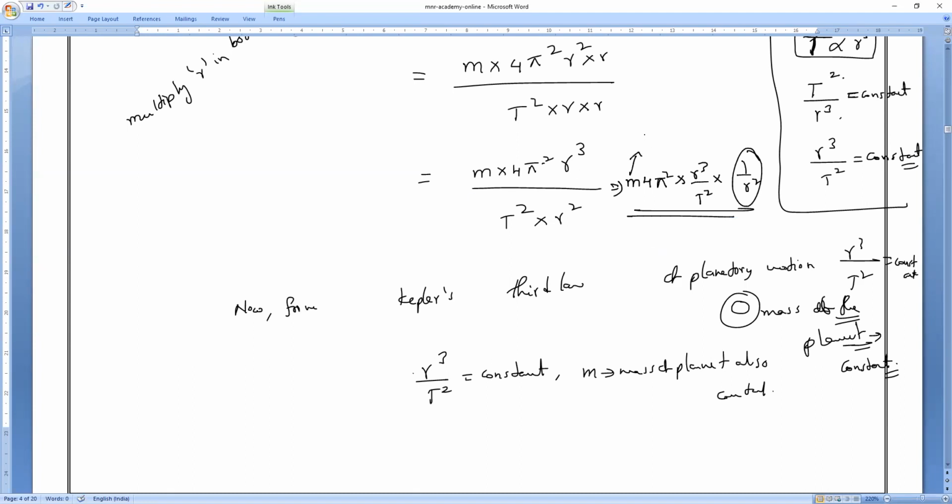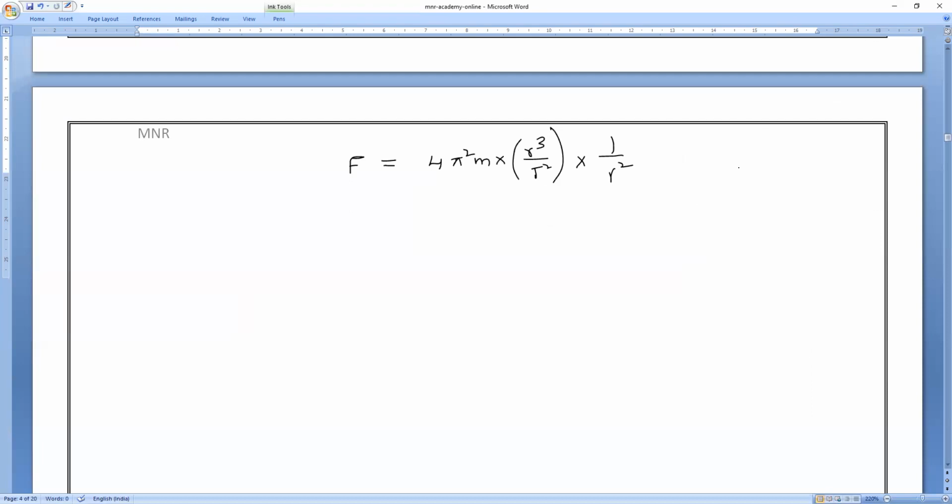So now you can see, as we know, the mass of the planet is constant, 4 is a constant, pi square is a constant, and r cube by T square is also constant. So what else is remaining? 1 by r square. So force F is equal to constant into 1 by r square.